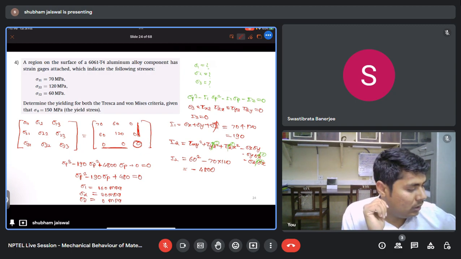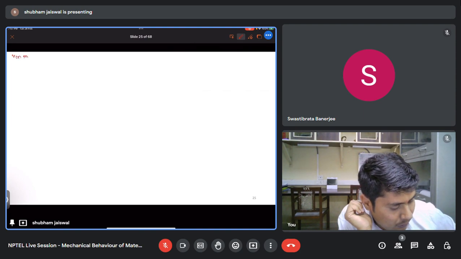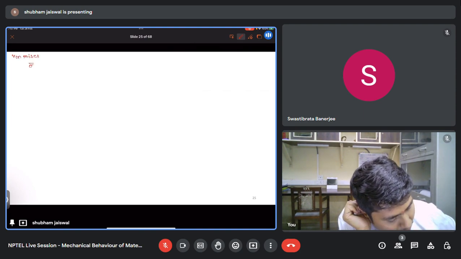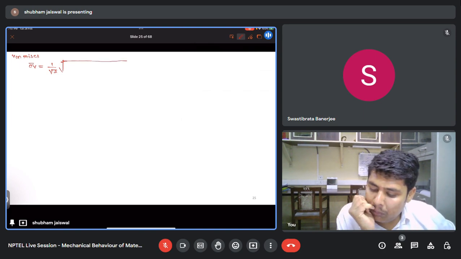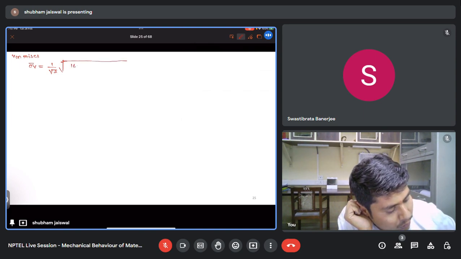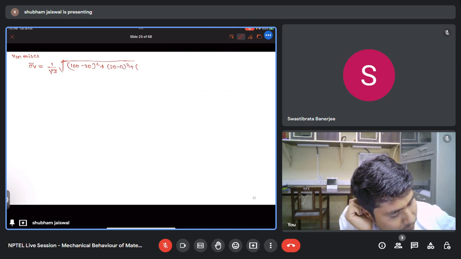Okay. Now, according to von Mises, sigma bar V is equal to 1 upon root 2 under root of sigma 1 minus sigma 2 square, means 160 minus 30 square, plus sigma 2 minus sigma 3, 30 minus 0 square, plus sigma 3 minus sigma 1, 0 minus 160 square.